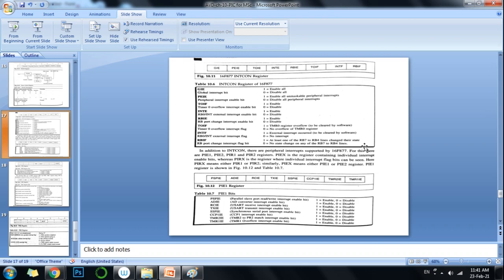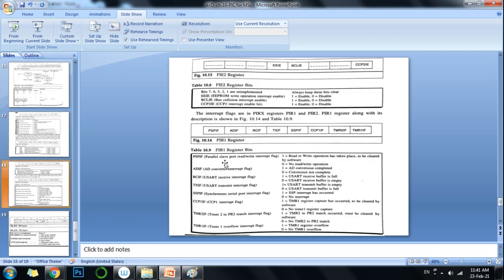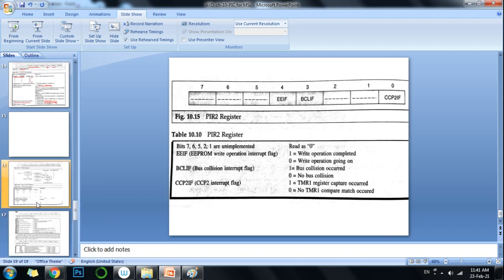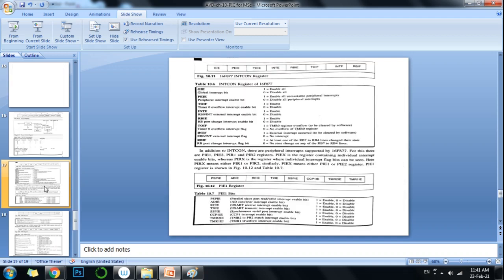You can see some registers: the interrupt control register, PIE, the peripheral interrupt enable register 1, peripheral interrupt enable register 2, peripheral register 1, peripheral register 2. So these are some registers here. Let's try to understand the interrupt structure, because every functional block that we are discussing is associated with its own interrupt.